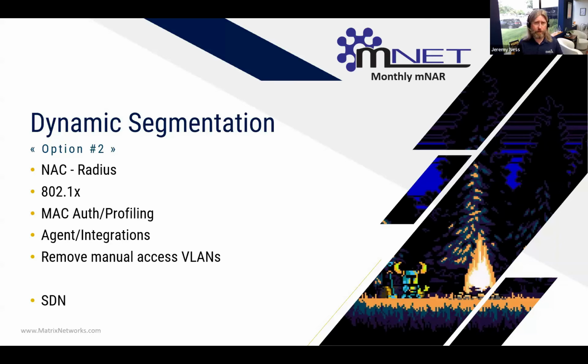Are you really a phone? Are you really a printer? Are you really the thing that you're telling me you are? Or are you clearly a Windows device that is just trying to spoof that MAC to gain access to the network? So that is always a consideration when looking to deploy a NAC: what can talk 802.1x, knowing that's kind of the gold standard, and what else do I need to address in the network?